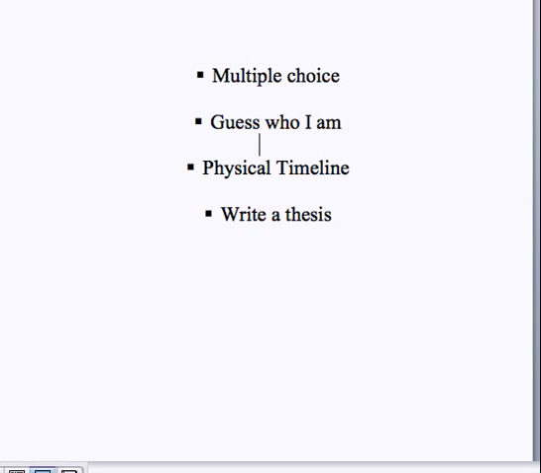SIOP 28, review of key content concepts. This will focus most strongly on the physical timeline by asking students to make connections between particular events. So in other words, we're looking at change over time or cause and effect.